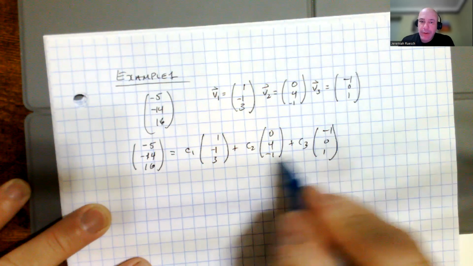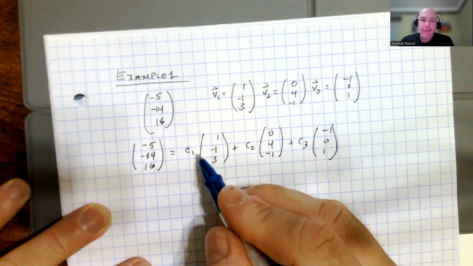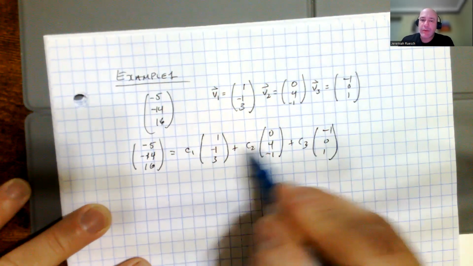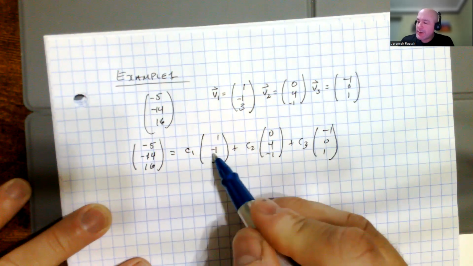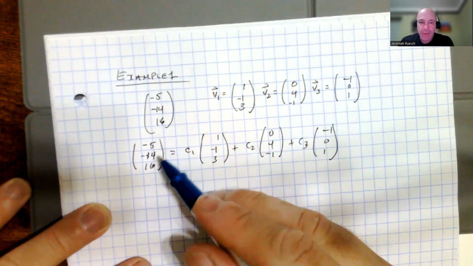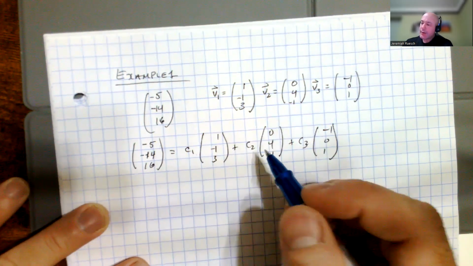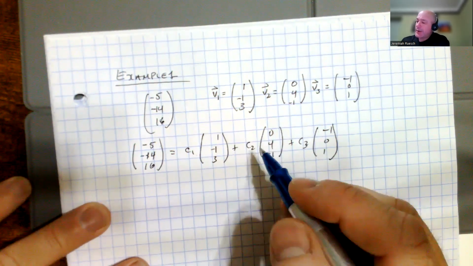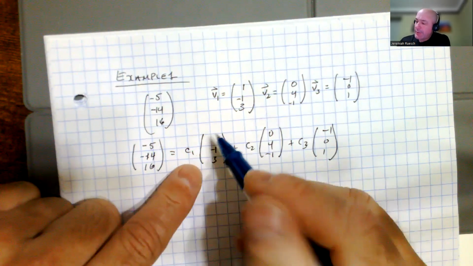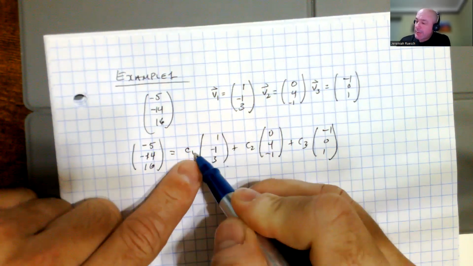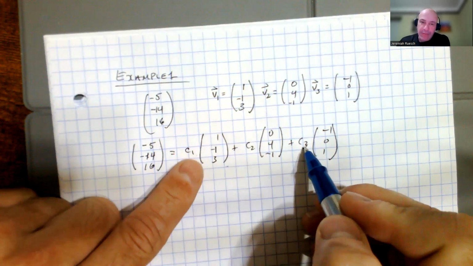And so what we're going to look for is, if there are any, can we find numbers c1, c2, and c3 such that the scalar multiplication and vector addition is equivalent to this vector over here. Just starting somewhere, I usually start with the first one. Since c1 is a 1 there, I'm going to see if just using positive numbers would work.